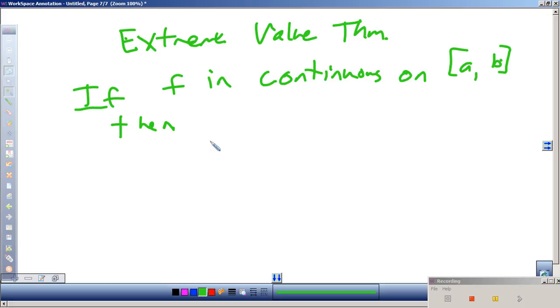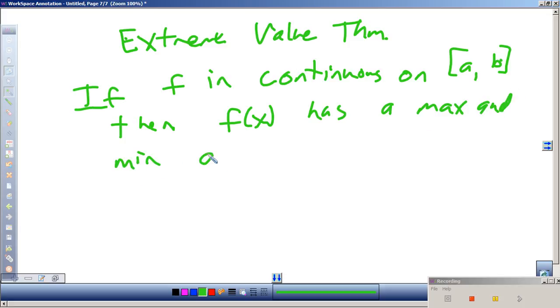It's defined everywhere. You don't have any of these shooting-to-infinity things. So from a to b, f of x has a max and min on [a, b]. So if it's continuous, then somewhere in there there's a highest point and somewhere there's a lowest point.